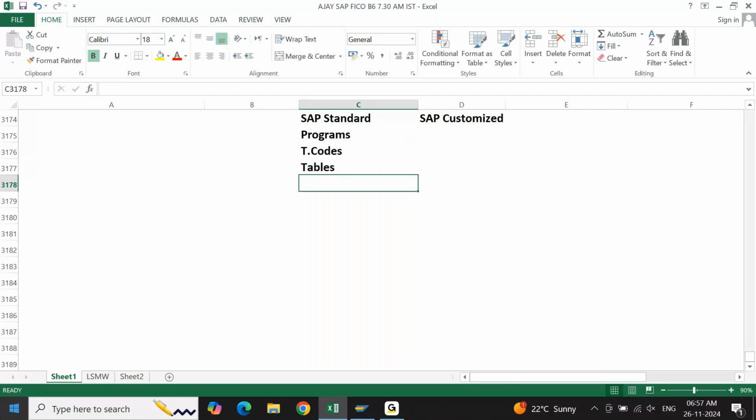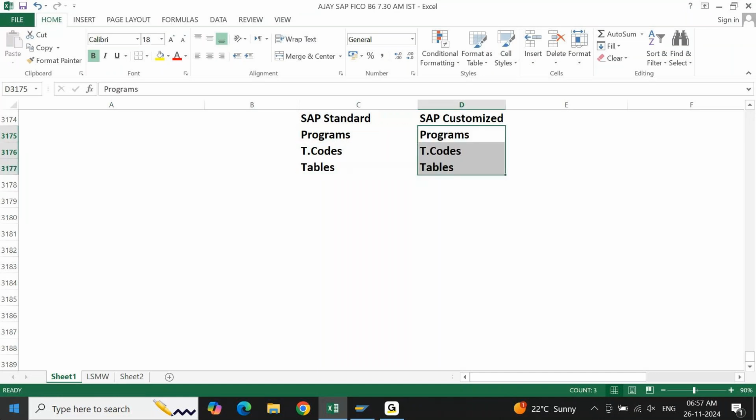Majorly program, T code, table. Anything else? Only this. The T code includes master data, transaction data, report. For everything you need a T code. Agree? Here also same thing. Okay, these three things.